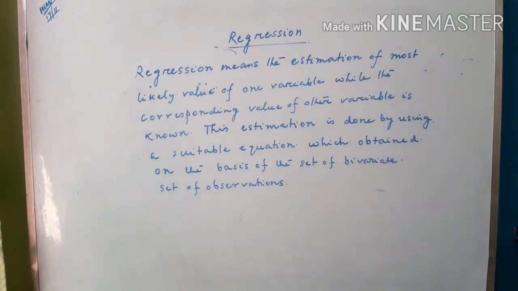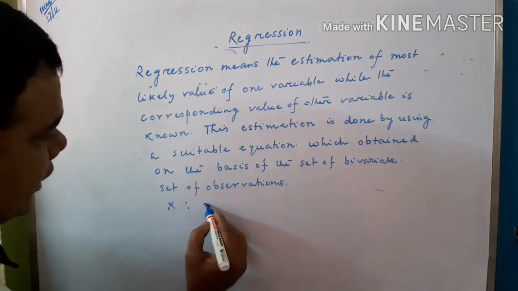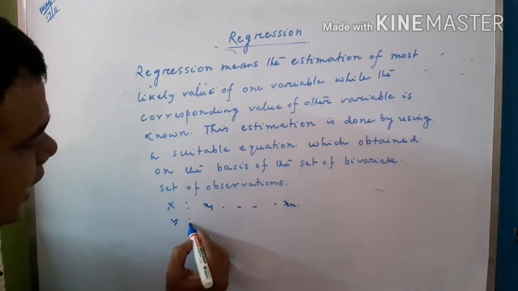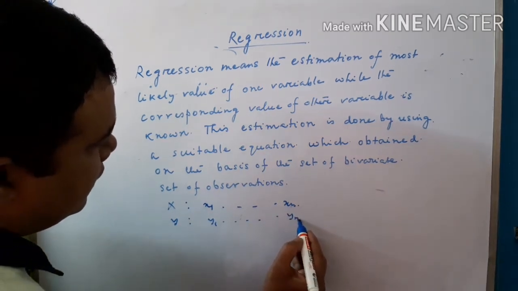This estimation is done by using a suitable equation which is obtained on the basis of the bivariate set of observations. That is what we have seen. X has values x1, x2, xn, and y has values y1, y2, yn.